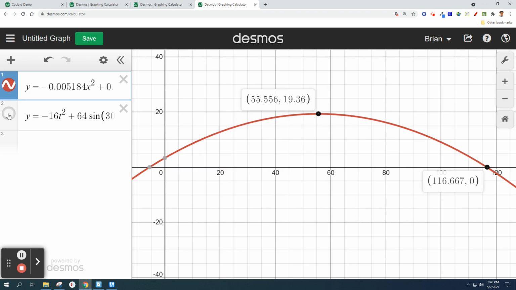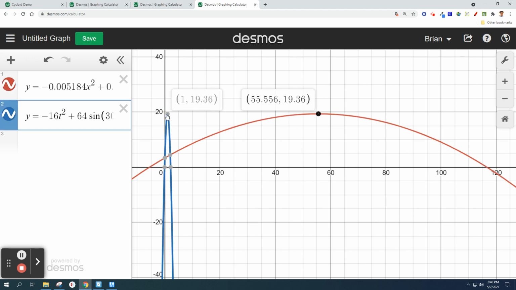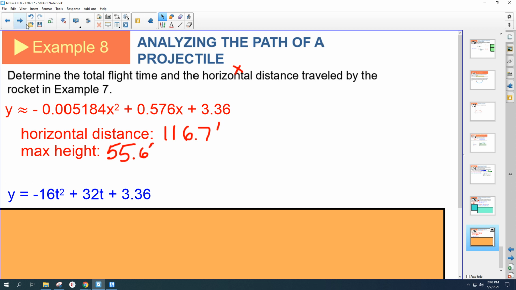If I graph that, notice it's another parabola. Oh shoot. The max height was not 55, it was actually 19.4. It was easy to see because both of these are the same. So I got that wrong. Let's fix that.